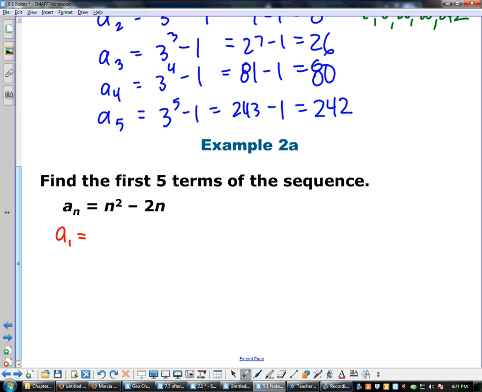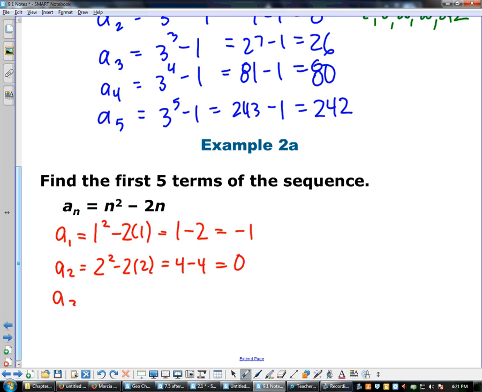So a sub 1 is going to equal 1 squared minus 2 times 1, which would be 1 minus 2, or negative 1. My second term, a sub 2, is 2 squared minus 2 times 2, which will give us 4 minus 4, or 0. A sub 3 is 3 squared minus 2 times 3, or 9 minus 6, which is 3.